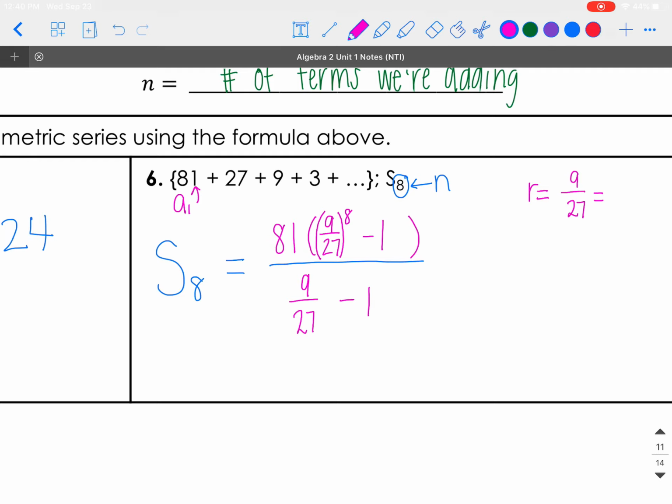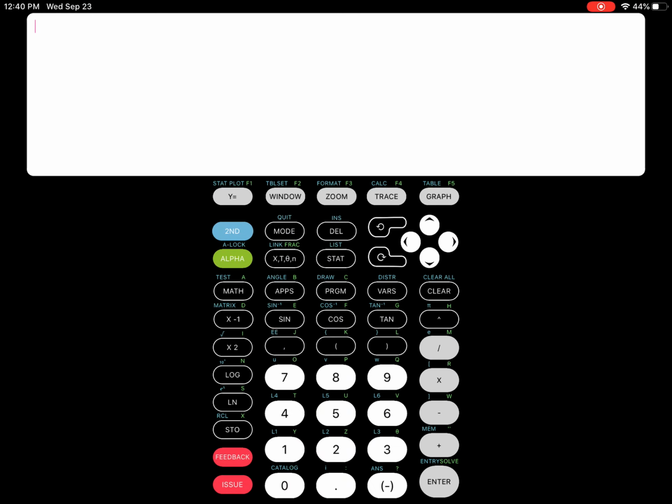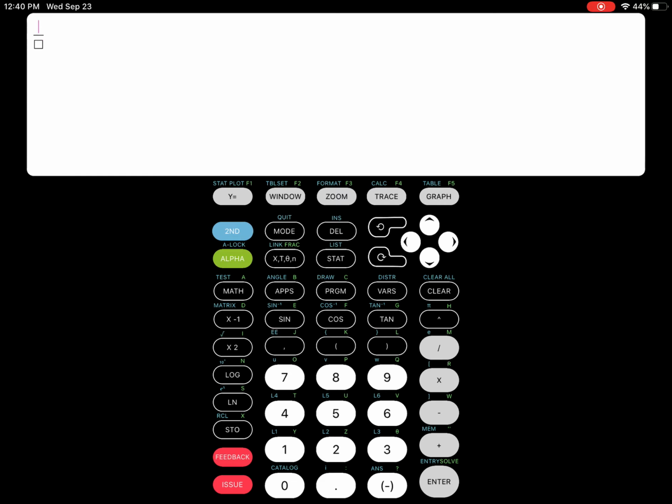I understand this seems really confusing, but your calculator does all the work. So I'm going to go to the calculator and show you how to type this one in. We're going to start with our fraction, alpha y equals 81.